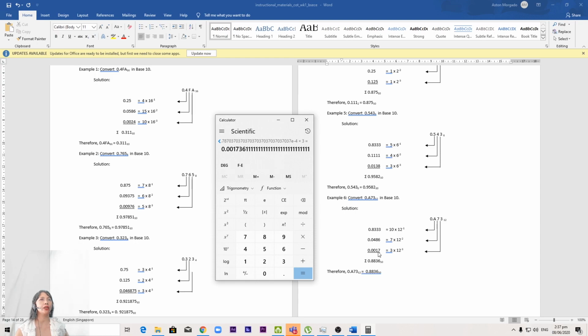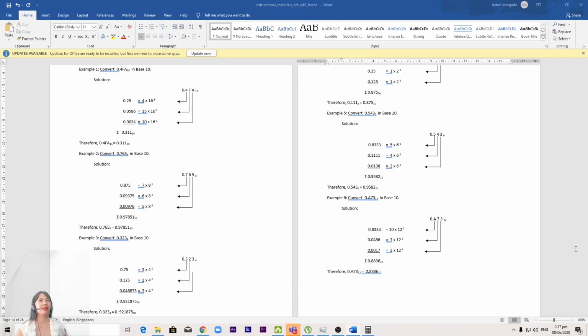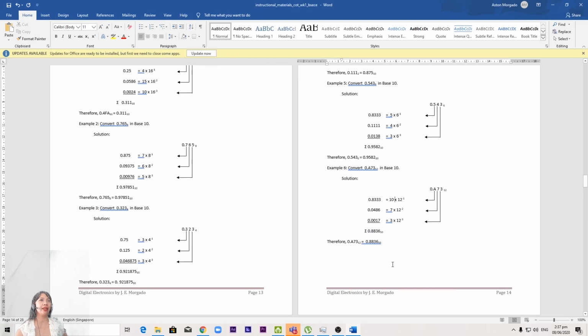Then let's add: 0.8333 plus 0.0486 plus 0.0017 equals 0.8836. So therefore 0.A73 base 12 is actually 0.8836 base 10. I hope you don't get confused, okay?